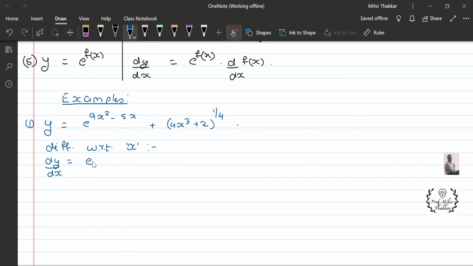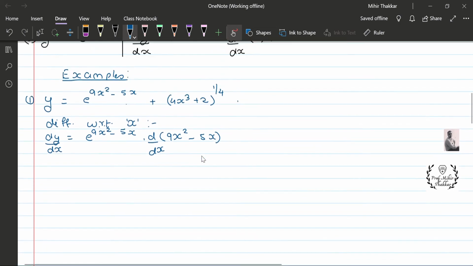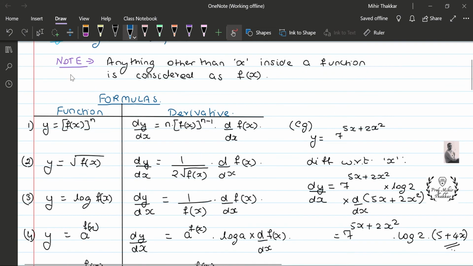So it is e raised to 9x square minus 5x multiplied by the derivative of the function, which is 9x square minus 5x. As I had told you in the very beginning, anything other than x inside the function is considered as f(x).